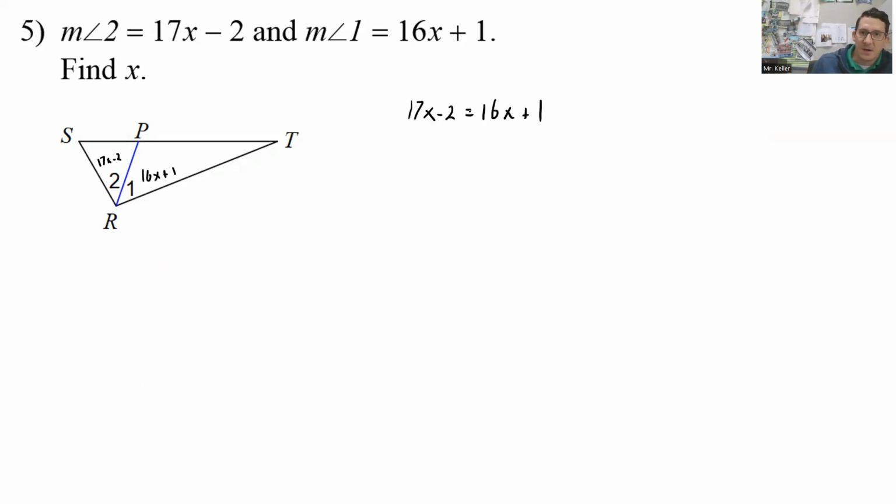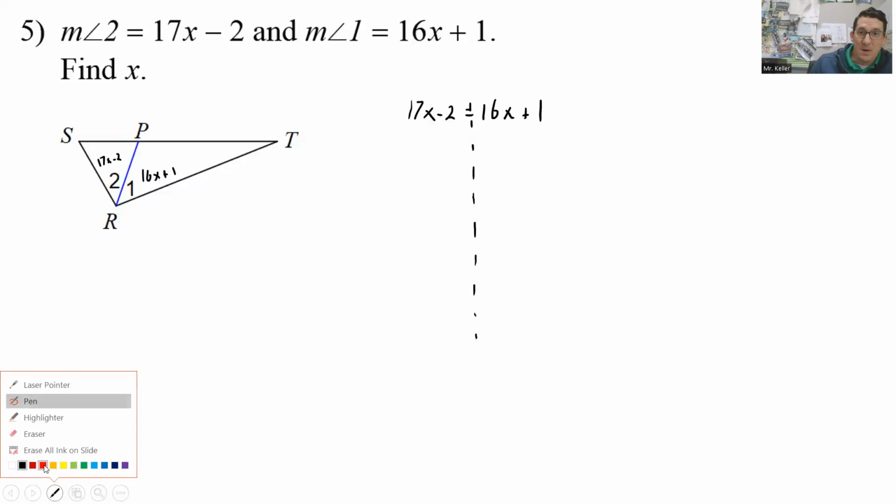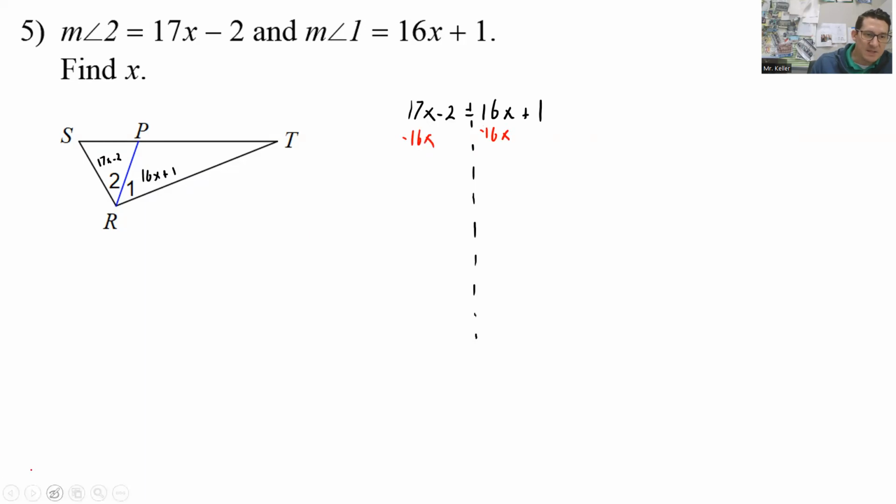So 17x minus 2 is equal to 16x plus 1. Then we subtract 16x from both sides.